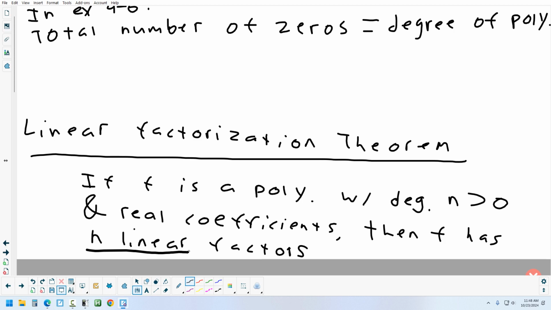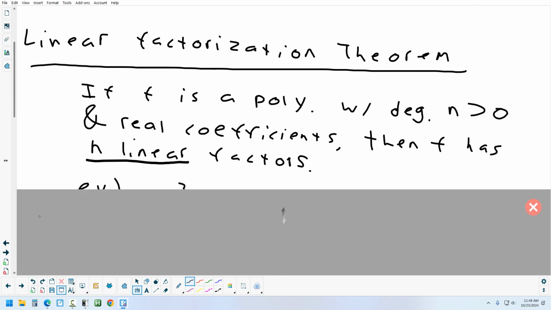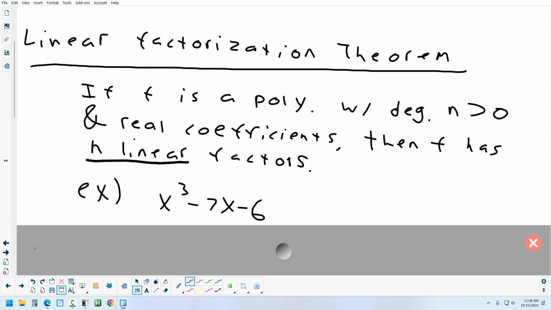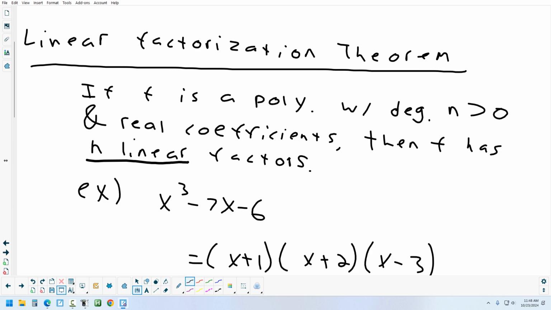It's really the same as saying you'll always have as many roots as the highest exponent, because roots and factors are the same thing. So if I were to factor this cubic, how many factors, how many sets of parentheses, would it have when I'm done? 3. How many roots? 3. How many zeros? 3. That's how it would factor.